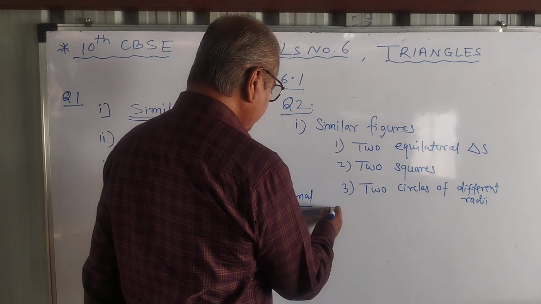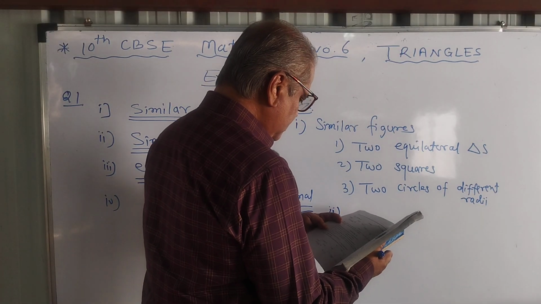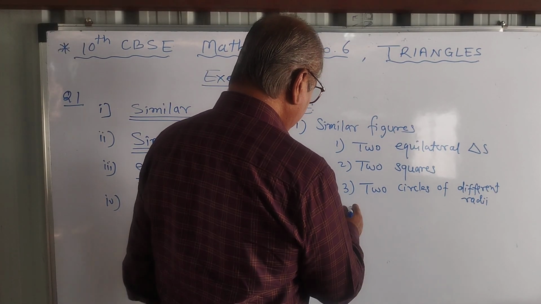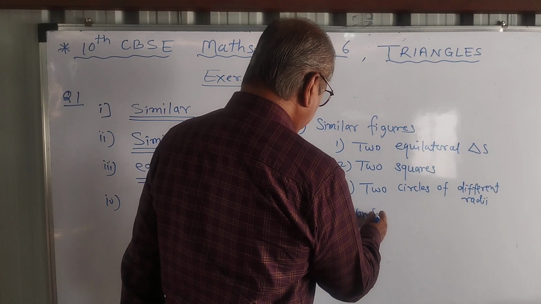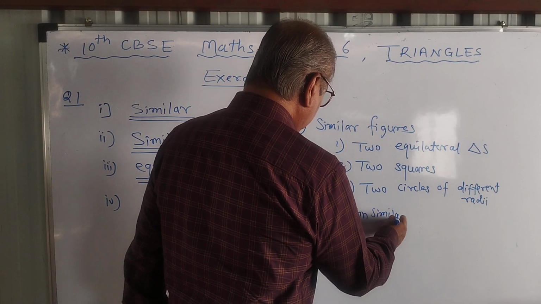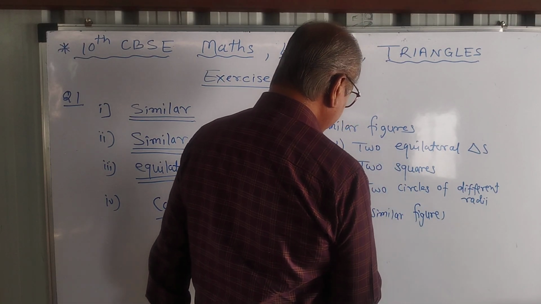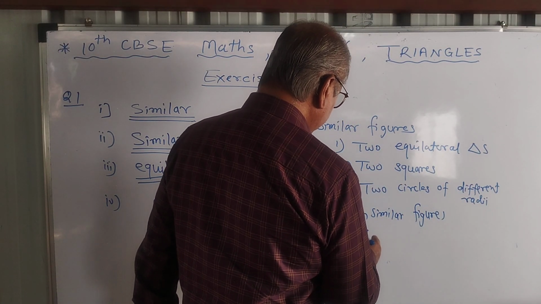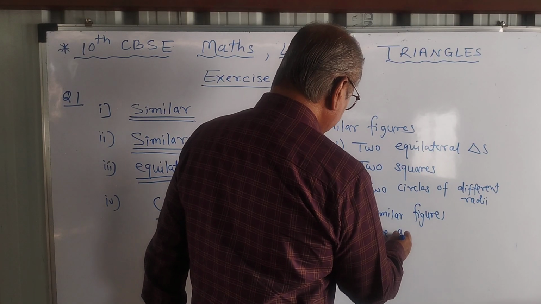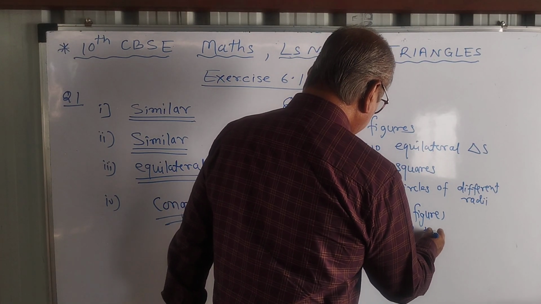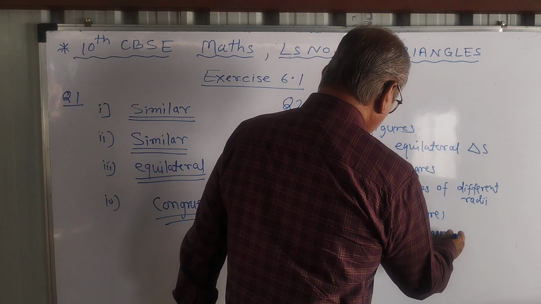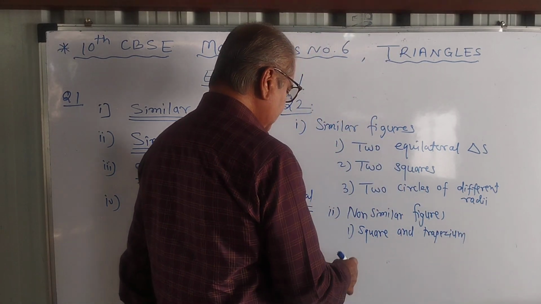Sub question 2, non-similar figures. You can say first example, square with trapezium, square and trapezium cannot be similar.